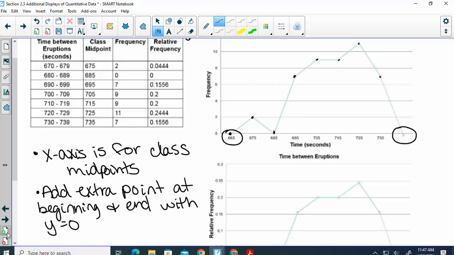These are probably easiest to do on Google Sheets. So let's try one. I'm going to give us just a small example, and we'll look at how to create one. So go ahead and get Google Sheets going.